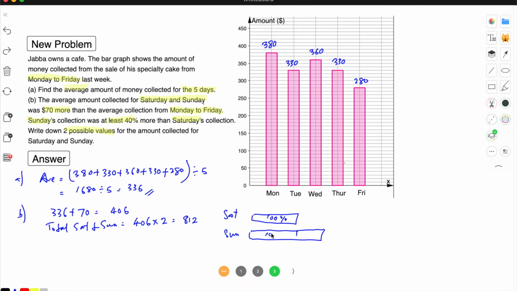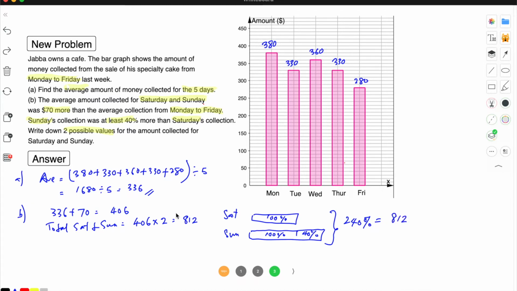That means this is 100%, and we have another 40% here. So the total for Saturday and Sunday will be 240%. That will be equal to 812.